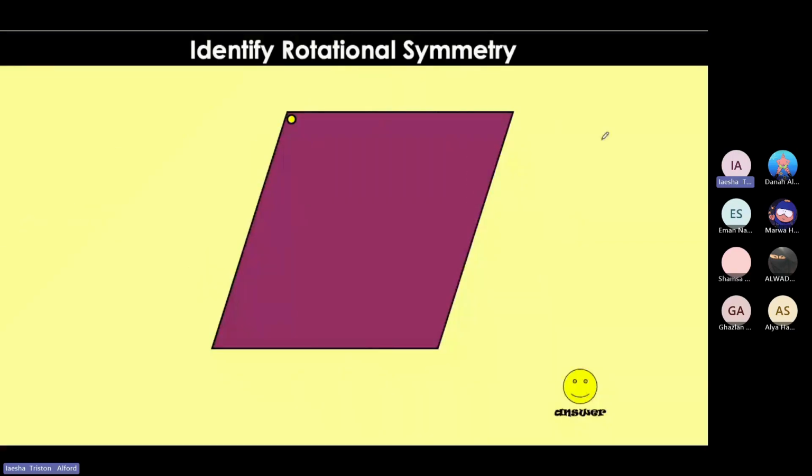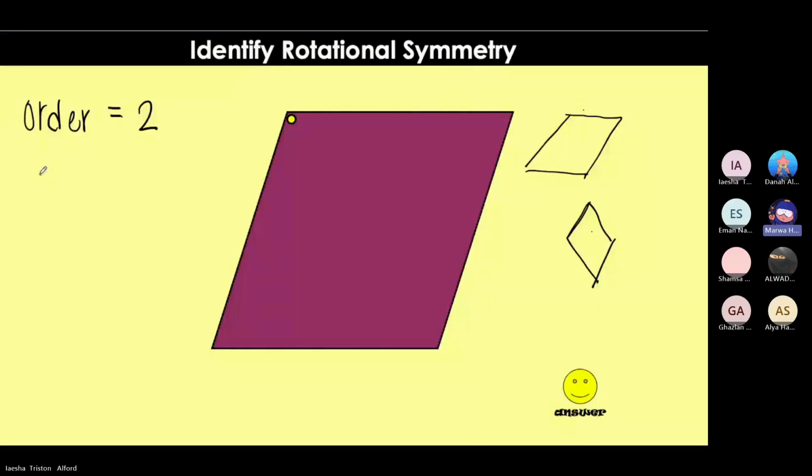At one point when you turn it, it ends up like this. It doesn't match that. So this one has an order of 2. How do you get to the magnitude? 360 divided by 2 is gonna give you 180.